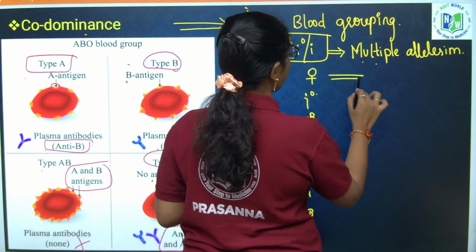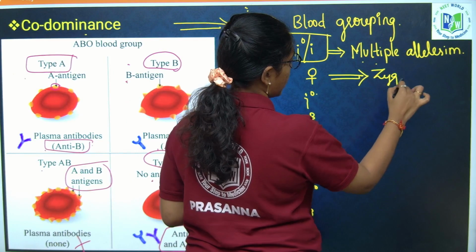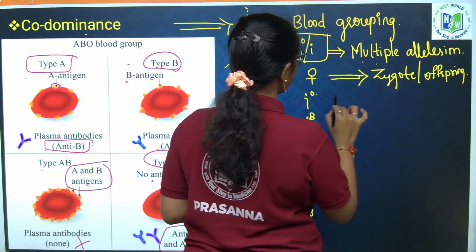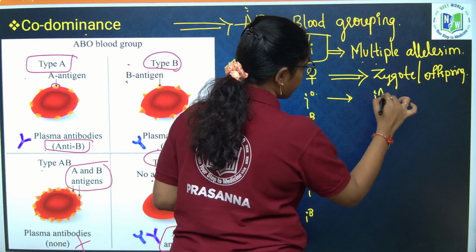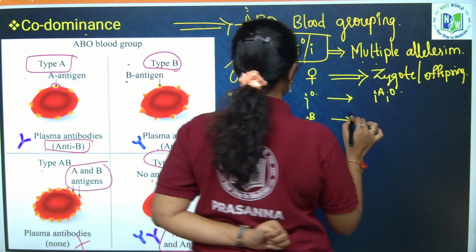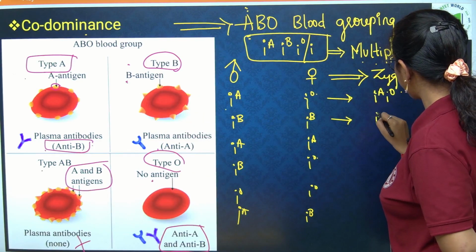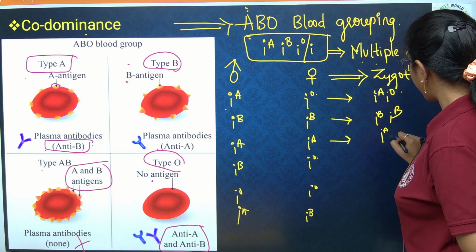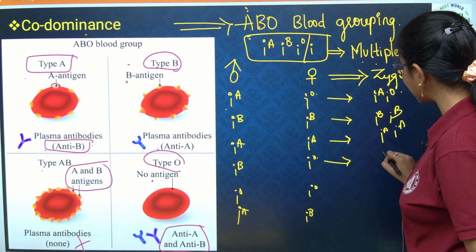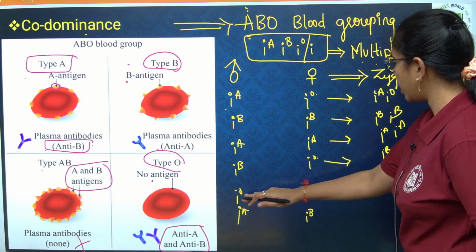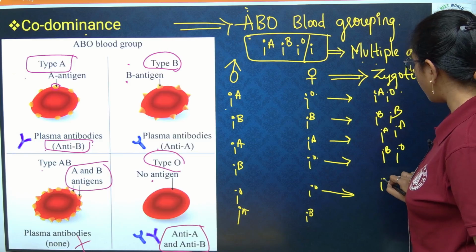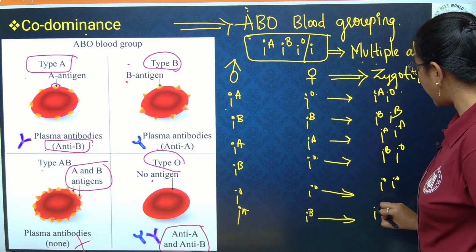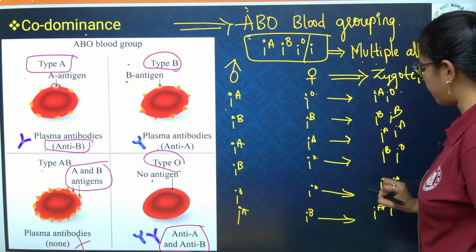If you look into the zygote or the offspring, IAIO, and here the combination is IBIB. Here again the combination is IA, here again the combination is IBIO. Here again the combination is IO and IO. Here again the combination is IA and IB.